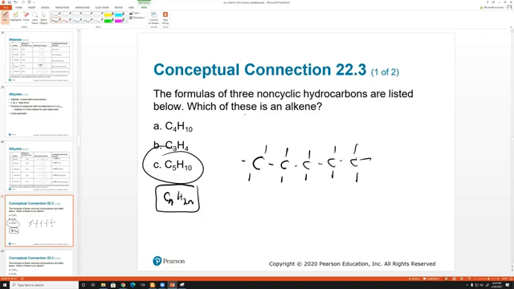That's too many. We want 10. So if we removed 2 of the hydrogens and added a double bond, you would get an alkene, and you get pentene.